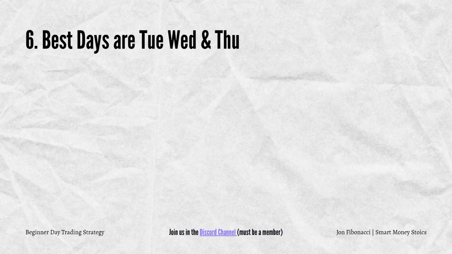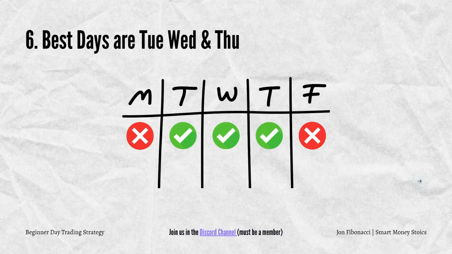Number 6, the best days are going to be Tuesday, Wednesday, and Thursday. Now, that's not to say you can't trade Monday and Friday, but for the sake of this beginner video, what we're going to do is actually cut out Monday and Friday. So the middle of the week, right, the majority of the movement basically is going to be on Tuesday, Wednesday, and Thursday.